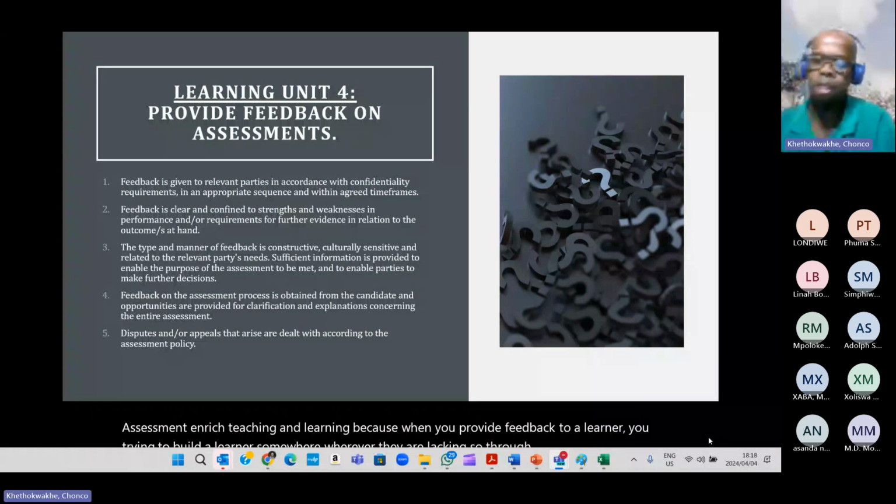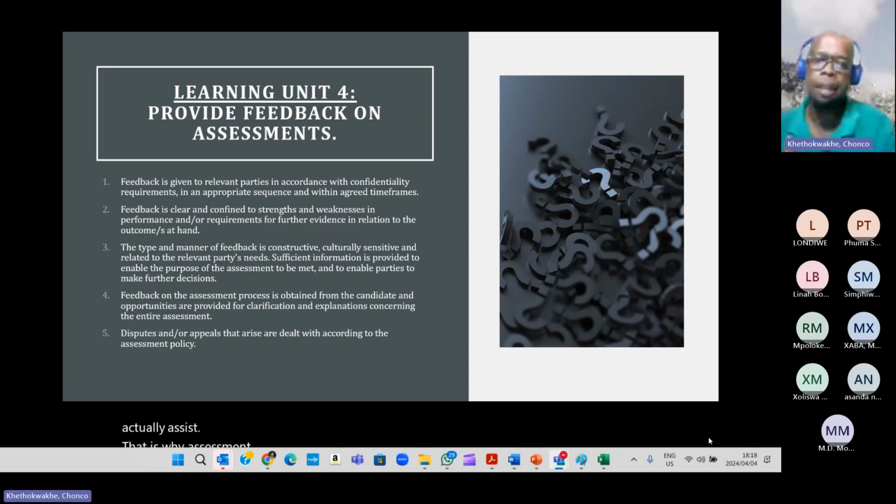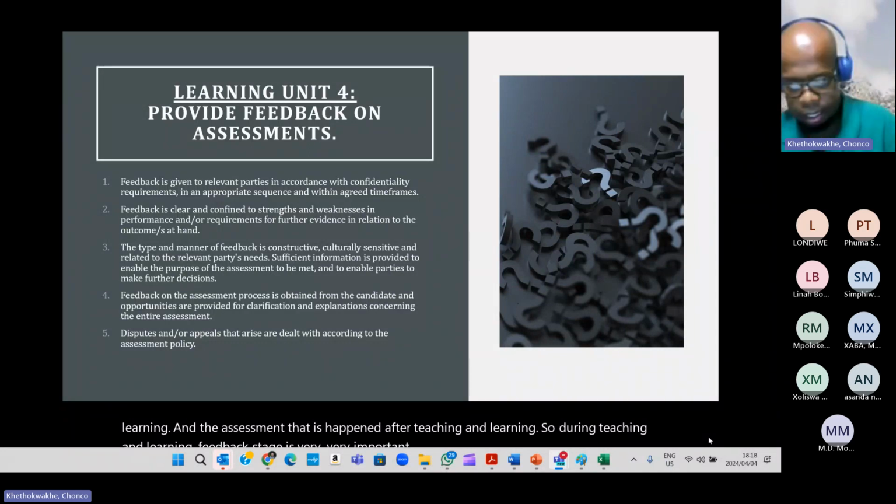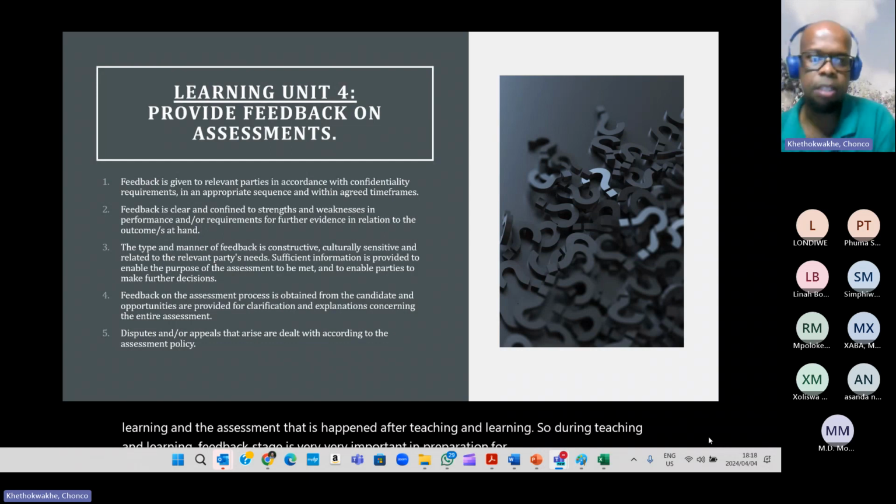That is why there's assessment that is during teaching and learning, and there's assessment that happens after teaching and learning. So during teaching and learning, the feedback stage is very, very important in preparation for summative, when one has written formative assessment.